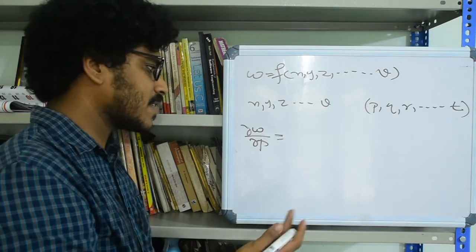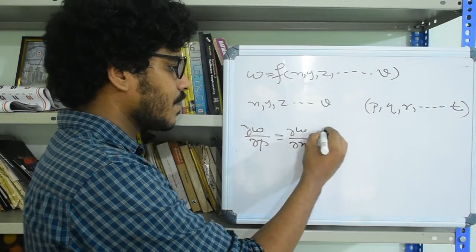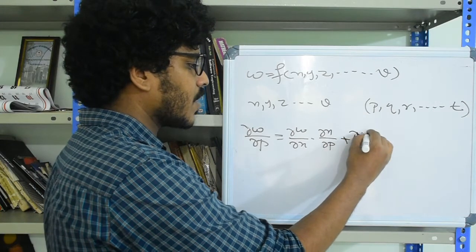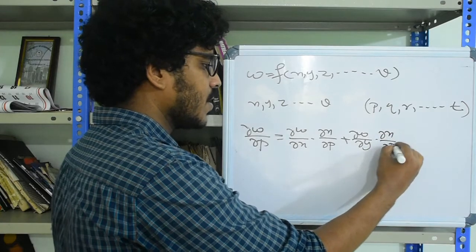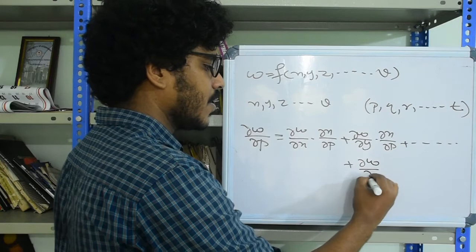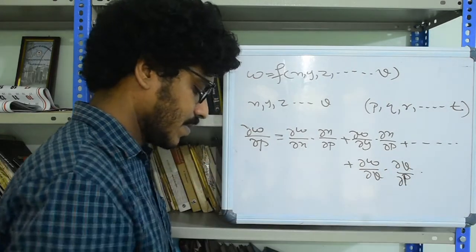Let's reproduce the previous formula, which is dou w by dou x into dou x by dou p plus dou w by dou y into dou y by dou p plus etc. plus dou w by dou v into dou v by dou p.